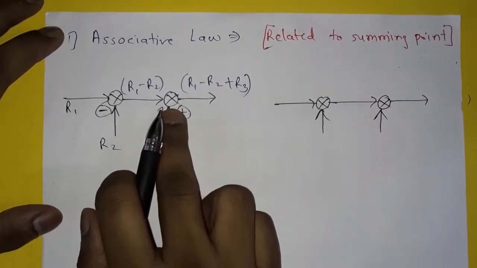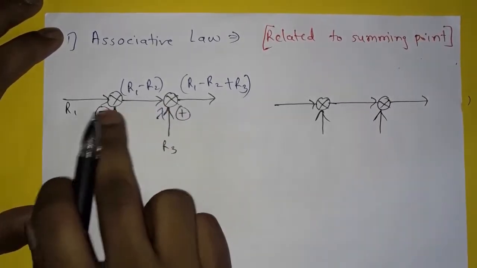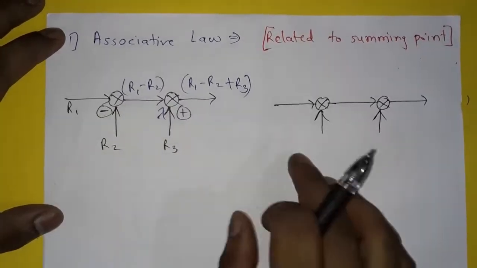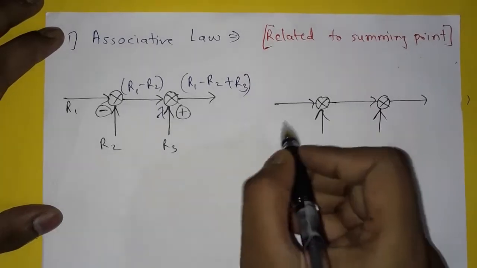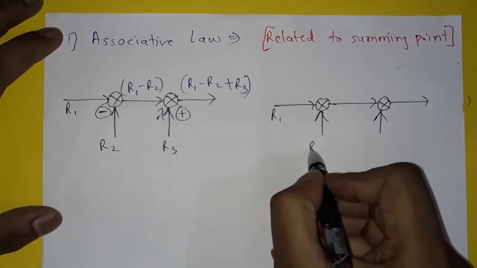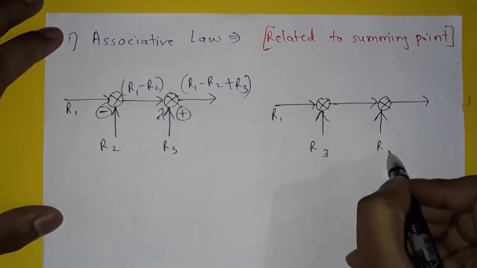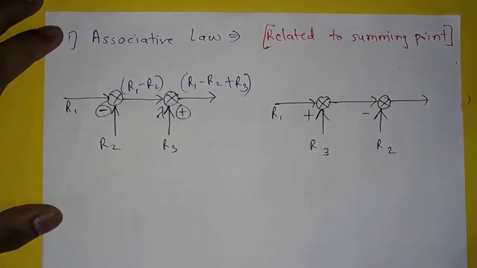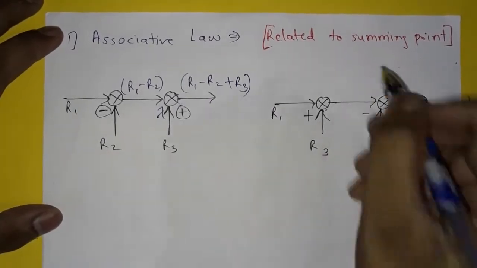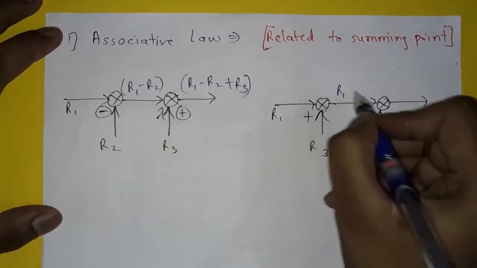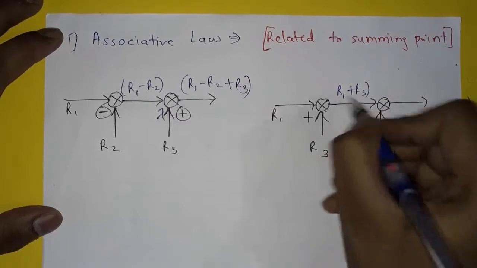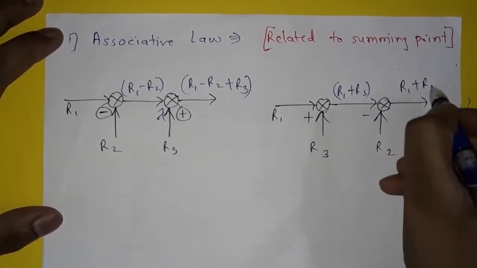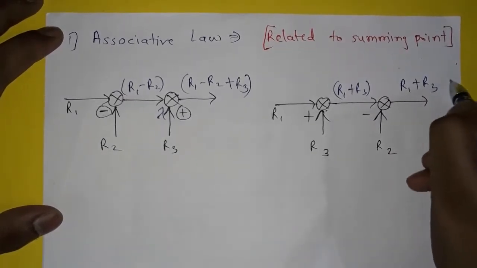If we move this summing point behind and this summing point to the right hand side, then see what will happen. R1, this is R3 here, this is R2, this is plus and this is minus. Here now this summing point gives us R1 plus R3 and this summing point gives us R1 plus R3 minus R2.